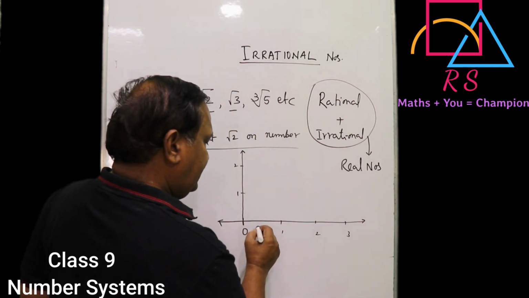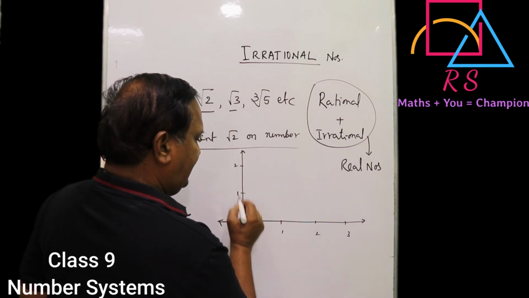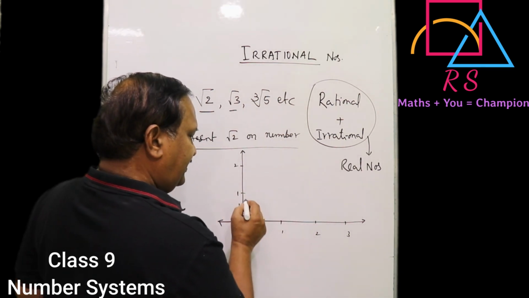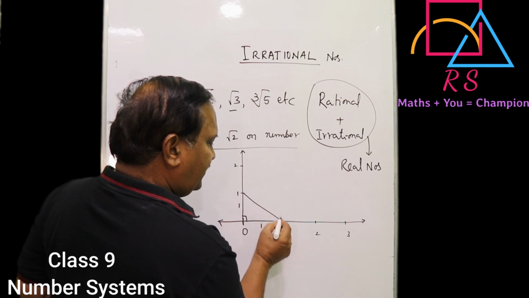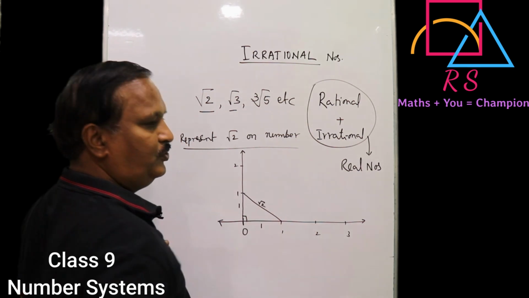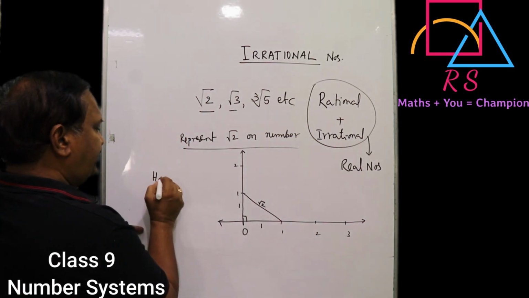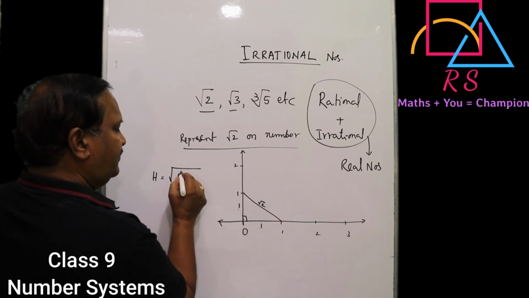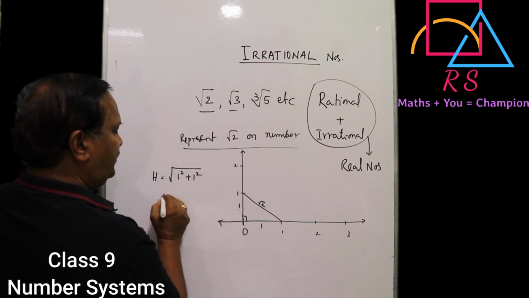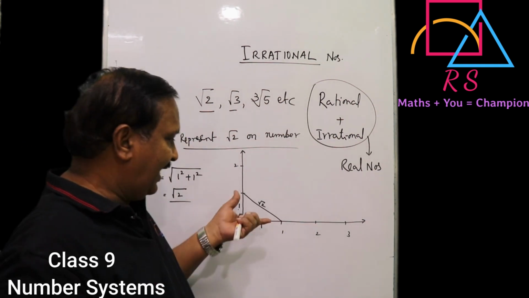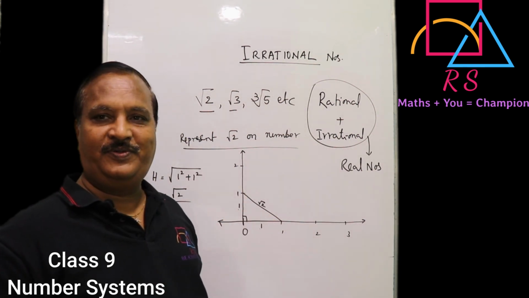That means this length is 1 and this length is 1. Because it is perpendicular, if you join these two points, this will become the hypotenuse and this is root 2. So hypotenuse is equal to square root of side square plus side square. So this is nothing but root 2. Now we got the length of root 2.